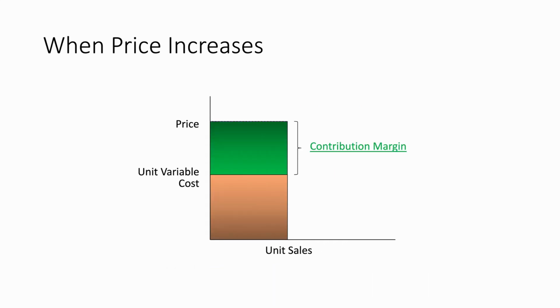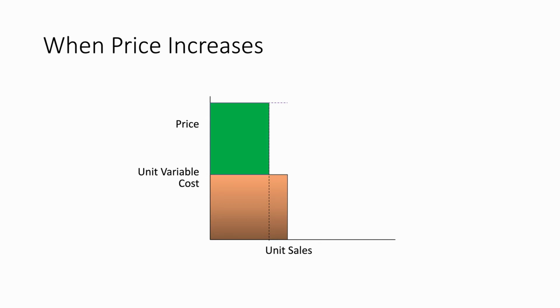What about if we increase the price? When we increase the price, we actually gain from contribution margin. But because of the price increase, we expect the demand or unit sales to drop. So the unit sales move to the left. And in this case, we have a thinner profit and cost structure.